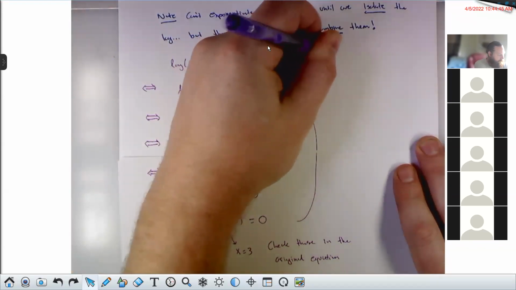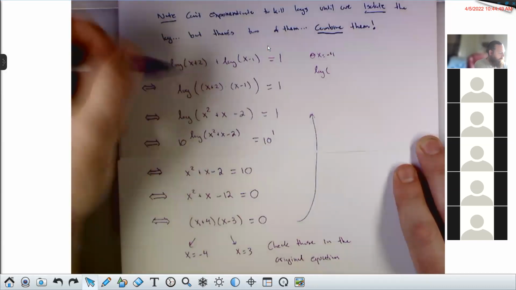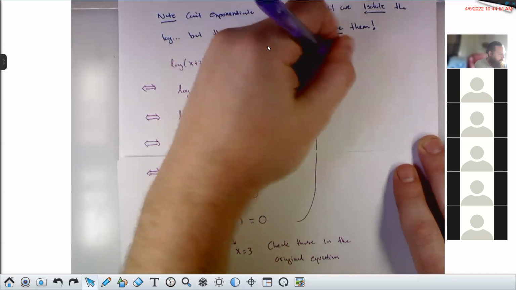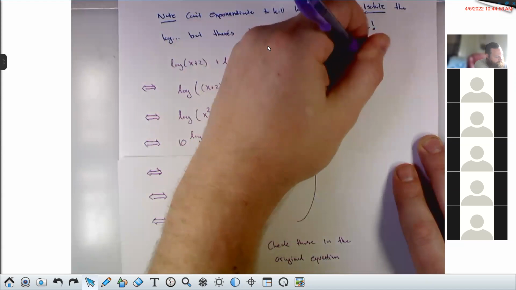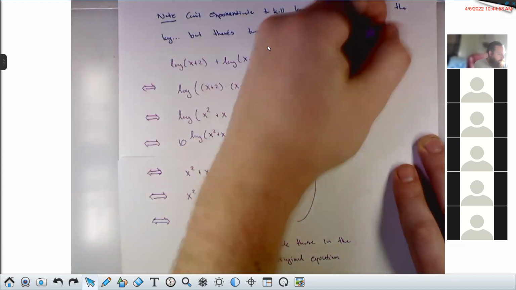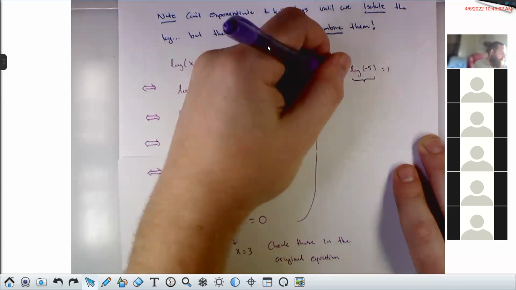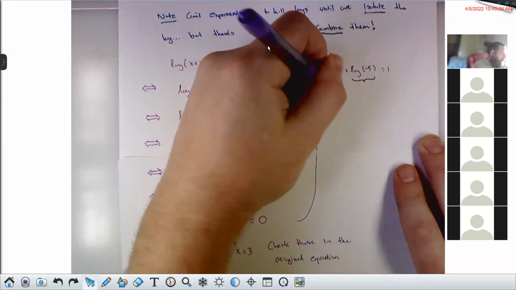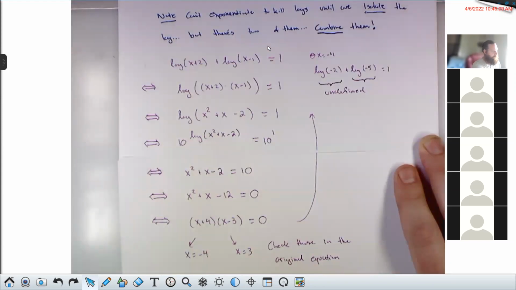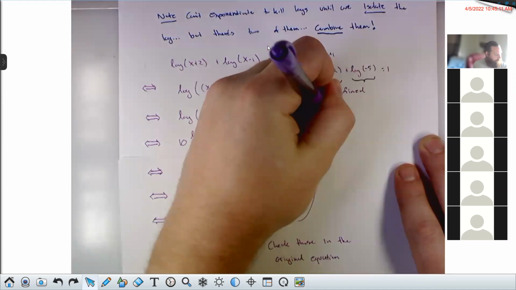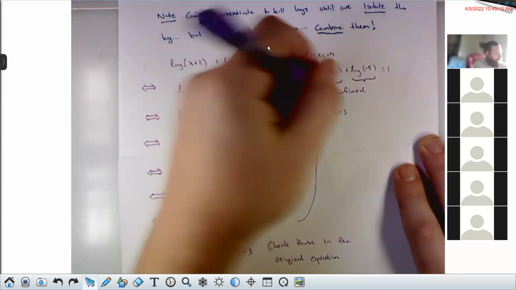When x is -4, we have the log of -4 plus 2, which is -2, plus the log of -5, right? -4 minus 1, equals 1. These are both undefined. If you plug in x equals 3, we don't run into any such problems.